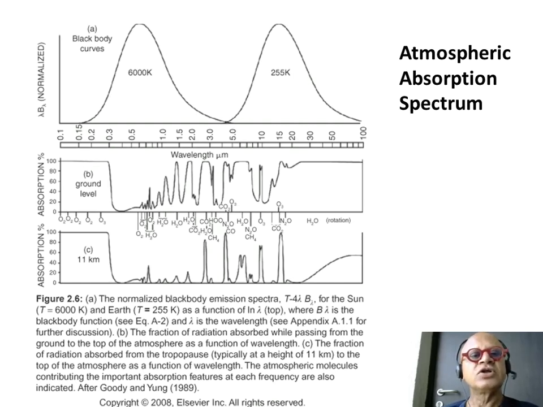Okay, so let's look at a little bit more about black body. If you look at normalized energy versus wavelength, then the sun's energy is being emitted at an average temperature of 6,000 Kelvin, whereas Earth is at 255 Kelvin. And you can see that the wavelengths are distinctly different for the sun and the Earth.